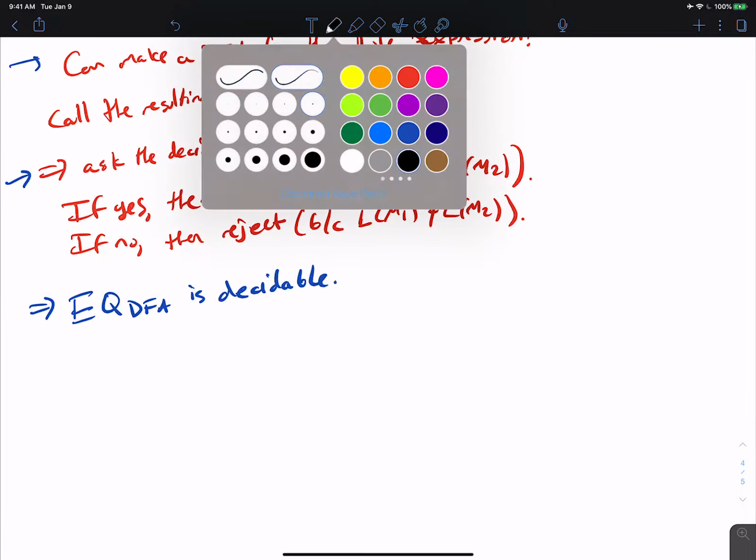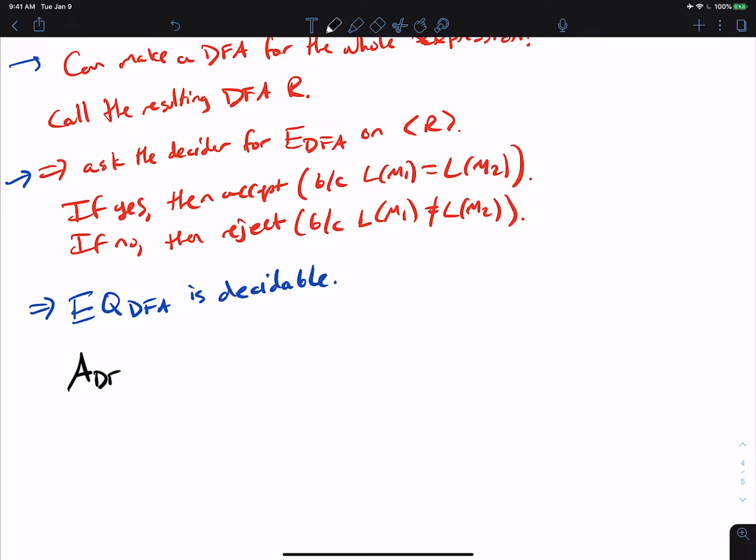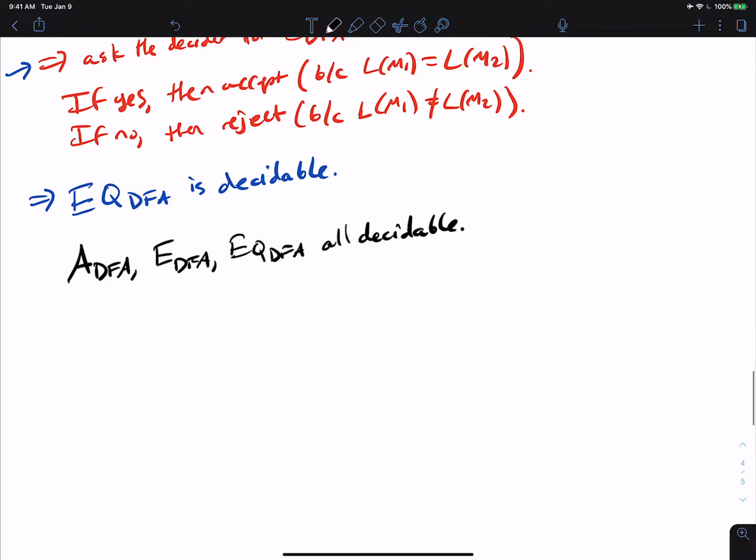So what we should take from this is that A sub DFA, emptiness for DFA, EQ DFA, all decidable. And the great thing is that you're not limited to DFAs because we can just do conversions. So we could answer the exact same questions for NFAs.